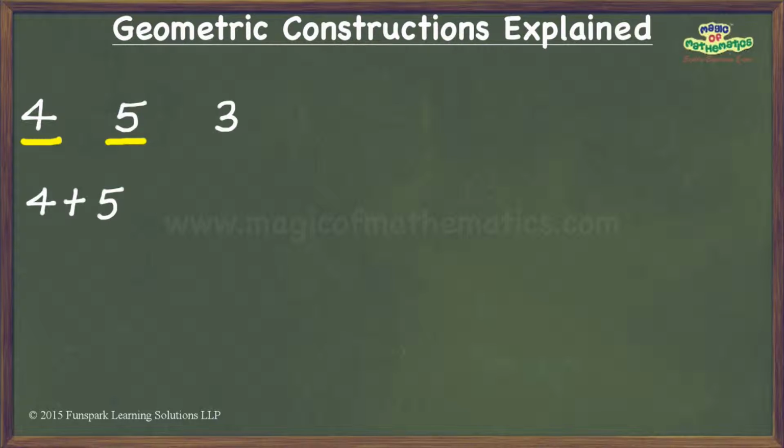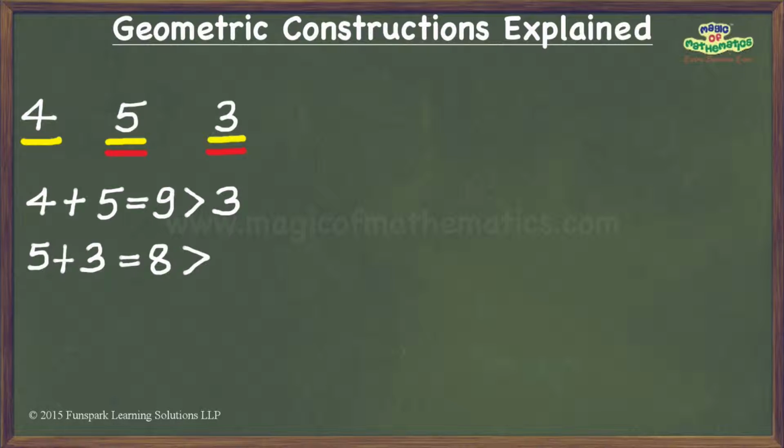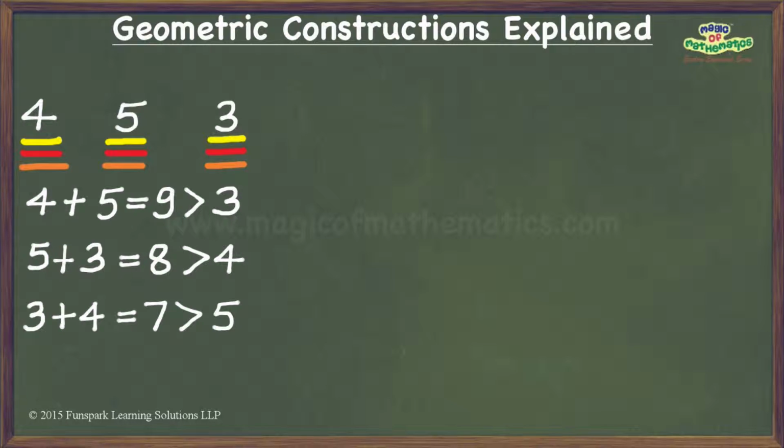Adding 4 and 5, we get 9, which is greater than the third measurement, namely 3. Similarly, 5 plus 3 equals 8, which is greater than 4. And 3 plus 4 equals 7, which is greater than 5.